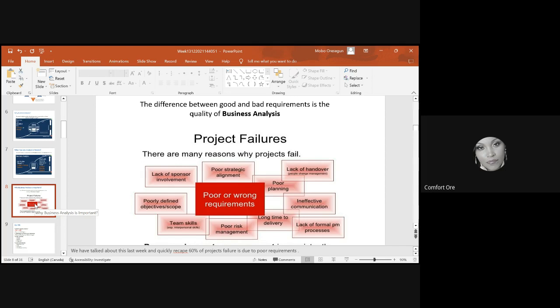Risk management, understand what your risks are. There are some projects that we've defined as being safe. However, there's always a risk involved in every project.